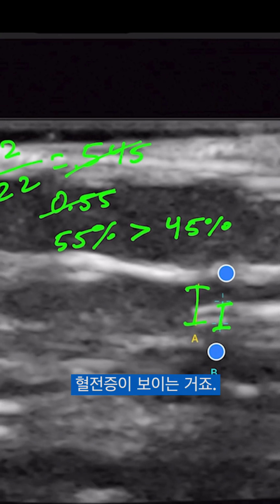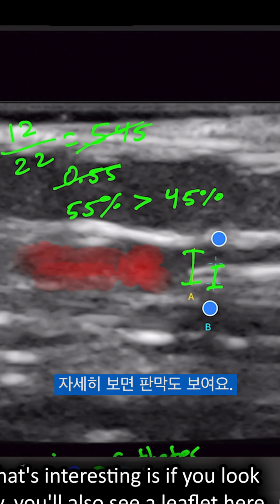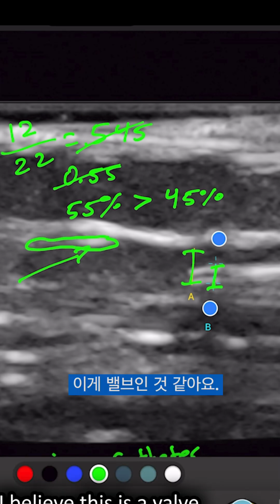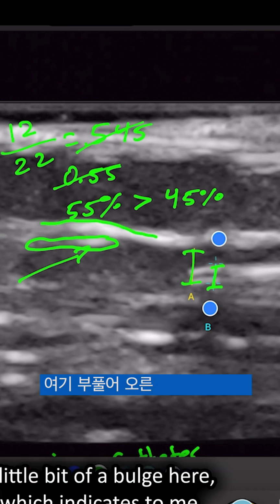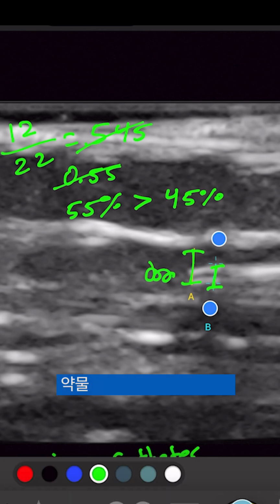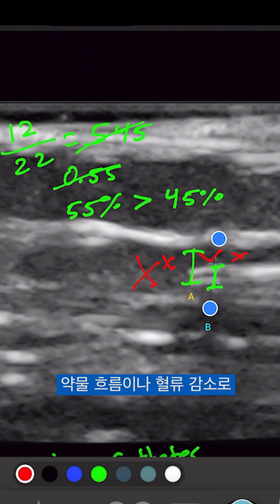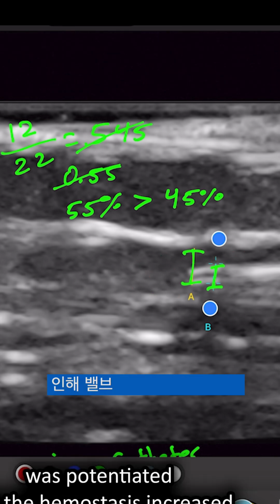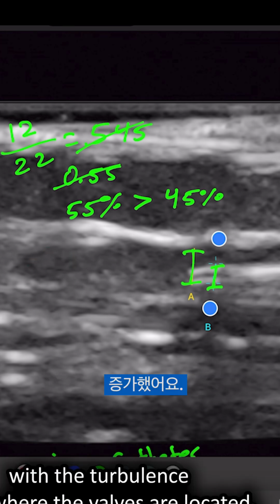some thrombosis here. Okay, there's definitely a thrombotic event, and what's interesting is if you look carefully, you'll also see a leaflet here. I believe this is a valve. There's a bit of a bulge, as you can see here, which indicates to me that it is a possible valve, and the medication that was flowing, or the reduction in blood flow, also known as hemostasis, was potentiated, and the hemostasis increased with the turbulence from where the valves are located.